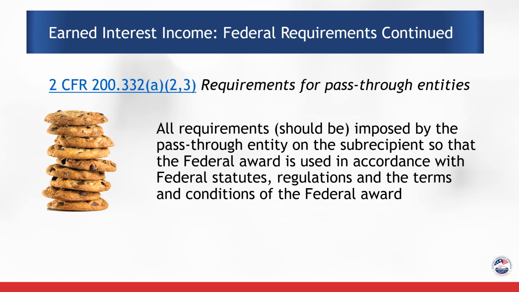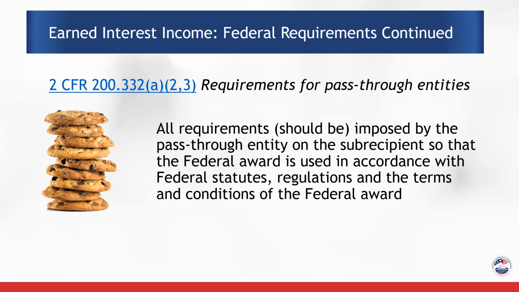So if we continue to look at the federal guidance, if we look at 2 CFR 200.332, subsection A, areas 2-3, here are the requirements for pass-through entities. HAVA may be passed through to subgrantees, meaning your local jurisdictions or otherwise.